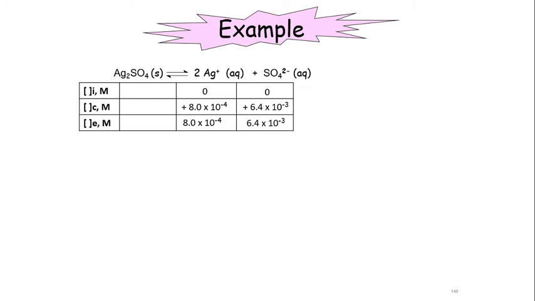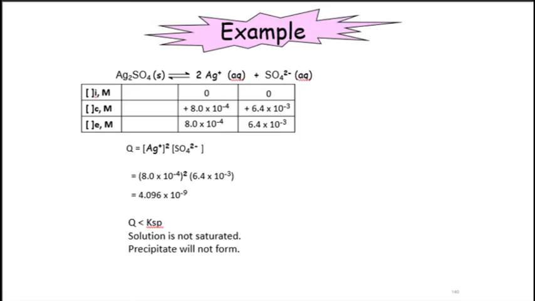Next, we write the expression of Q, which is concentration of Ag+ to the power of 2 times concentration of SO4 2-. Put the values in and we will get 4.096 times 10 to the power of negative 9, which is less than the value of Ksp given.